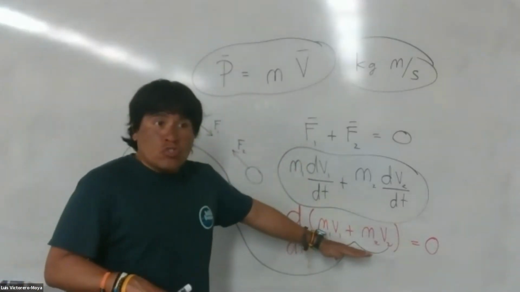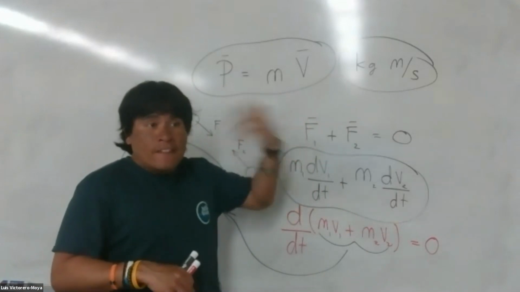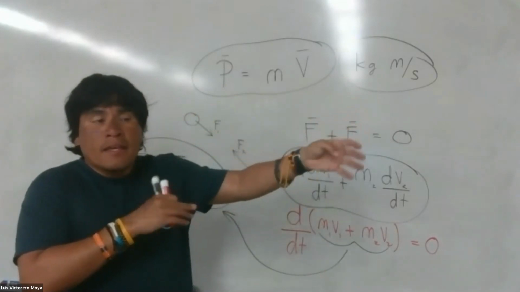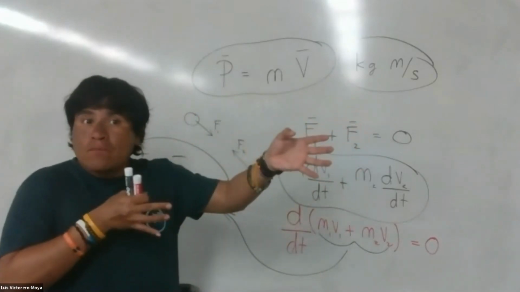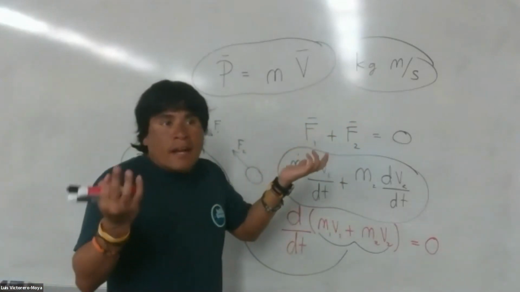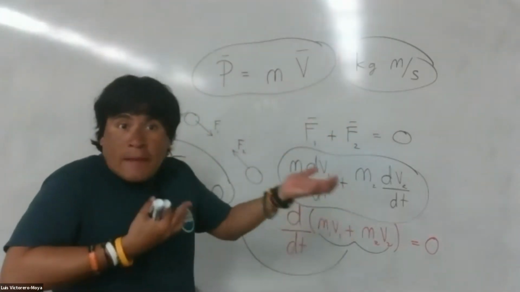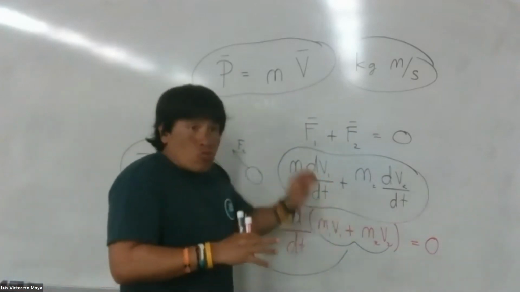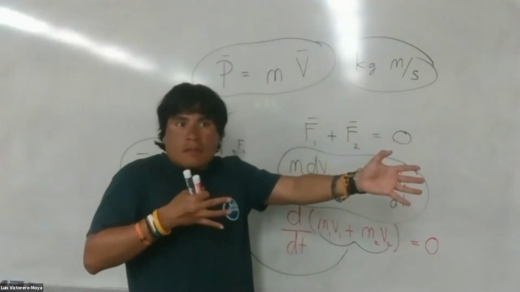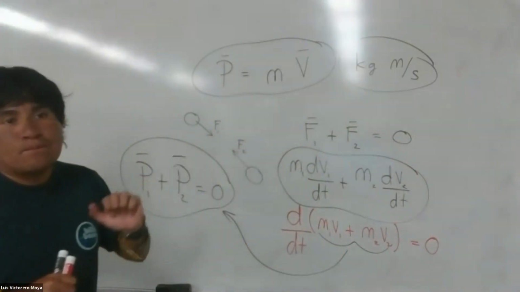But if you use the conservation of momentum, then you will see that the physics behind that is that the momentum of the bullet is equal to the momentum of the rifle. The difference is the mass. The bullet is what, 5 grams, 10 grams, but a rifle can be what, 10, 15 kilograms. So it's very heavy. So the bullet goes at a very high speed, but the rifle will not. It will proceed just like this. That's because of this, right? So in an isolated system, that is the idea.